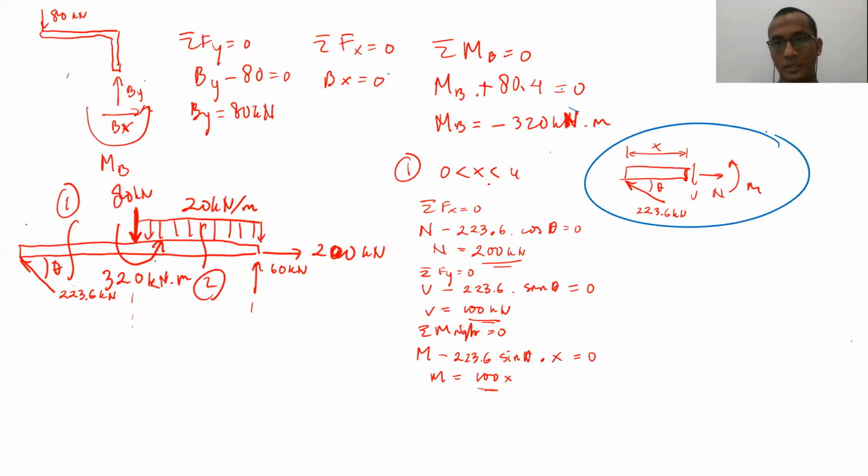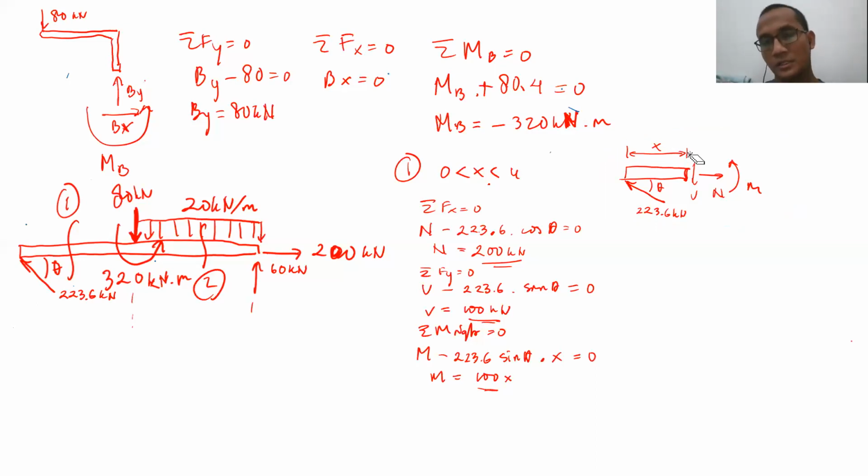You can see there, the external force is supposed to be only 223.6 kilonewton, and the distance from the left to the cut will be x. This one is only x, and then I draw as well the positive shear force, normal, and moment like that.